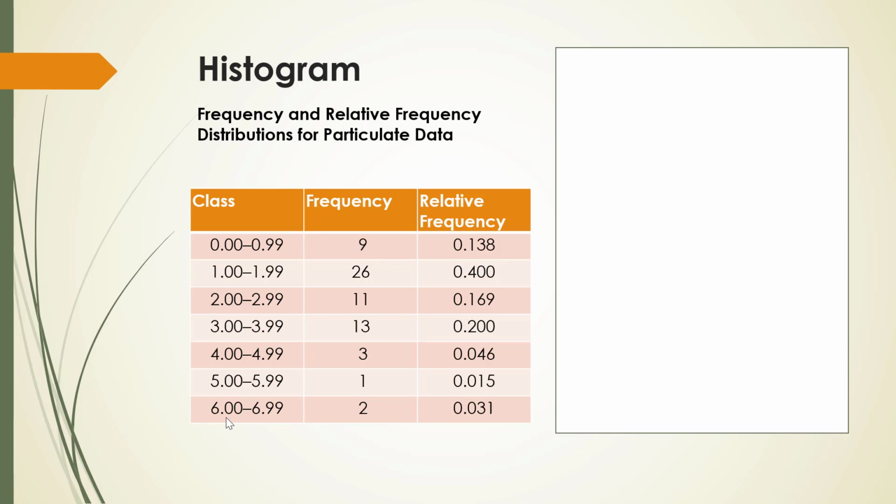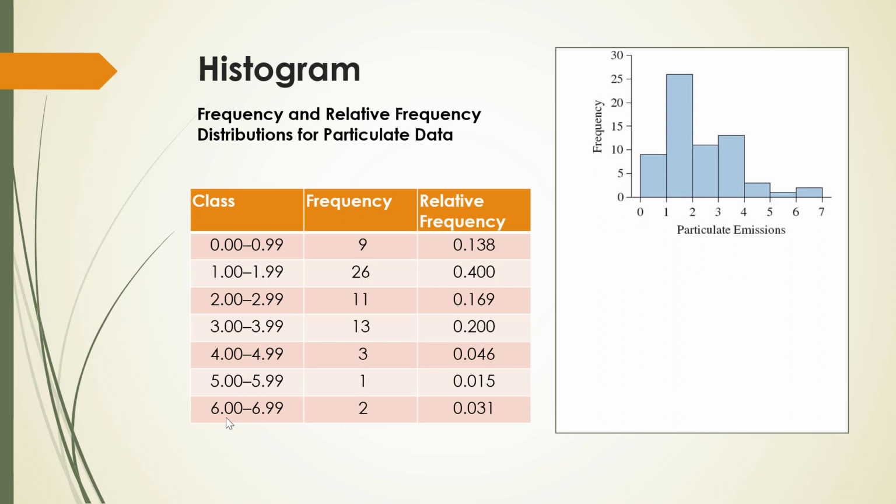So what is a histogram? A histogram basically looks like a bar graph, but a histogram is applied for quantitative data and a bar graph is applied for qualitative data. For a frequency distribution, we first make a horizontal line and place the classes on the horizontal line, making sure there's no gap between them. They have equal class width, and then we make a vertical line to represent frequency, and we start making the boxes, the rectangles.